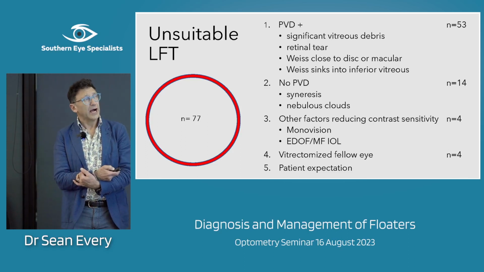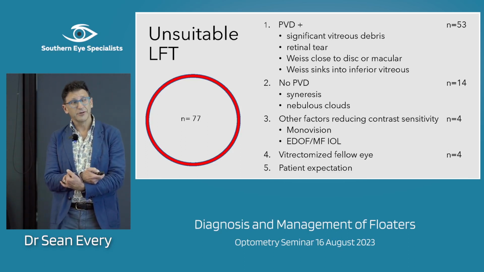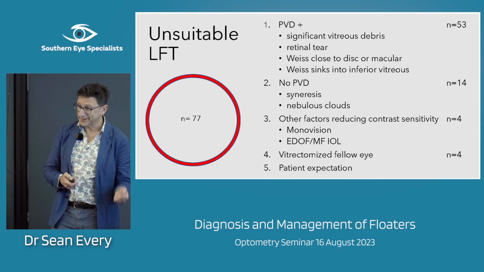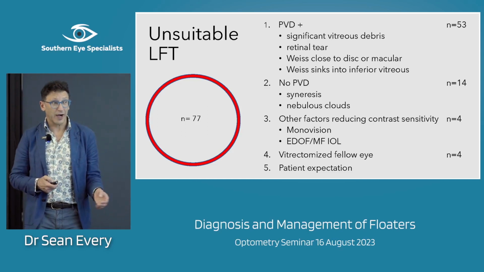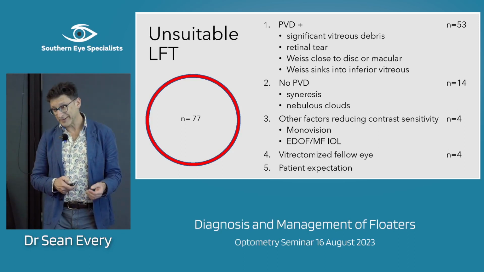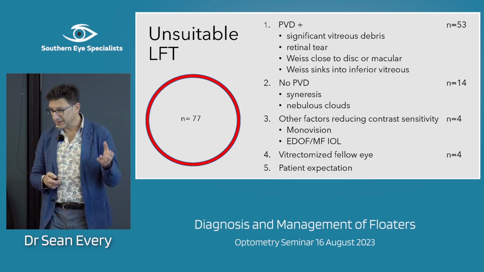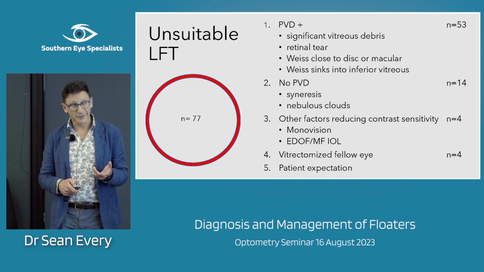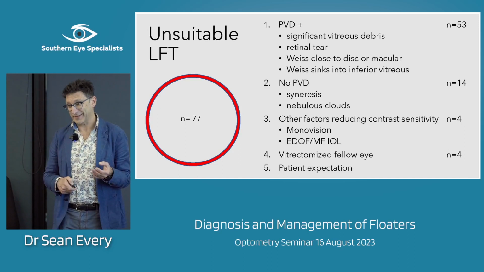The other ones that are unsuitable for LFT are the people who are saying, I've got floaters, but they haven't actually had a PVD. So they haven't had a PVD, they don't have a vice ring, but they've got either syneresis with the degeneration of collagen, and you can see it, they can see it. I sort of describe it as nebulous clouds, basically.